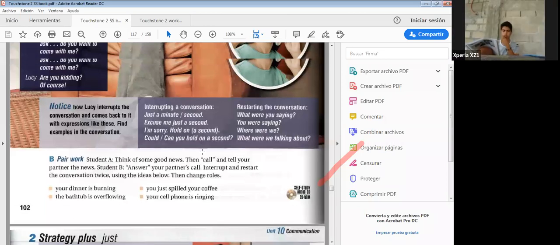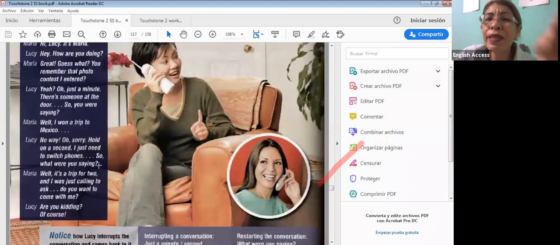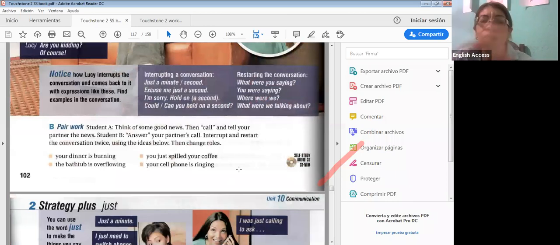We're going to use this conversation as a guide. You are going to imagine that you're having a phone conversation with a friend, okay? And you're going to use one of these ideas in order to interrupt your conversation.